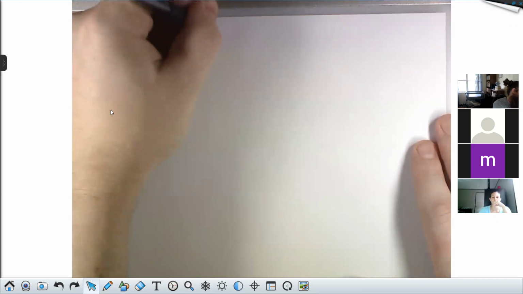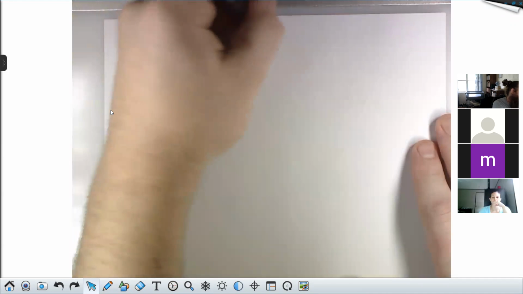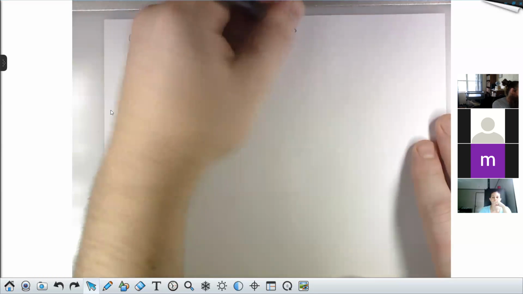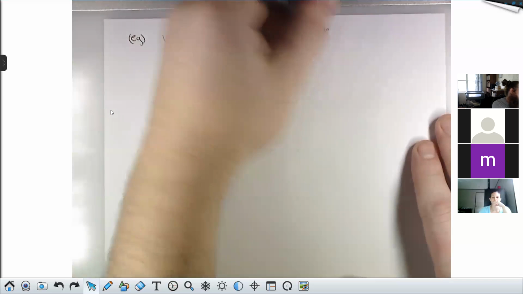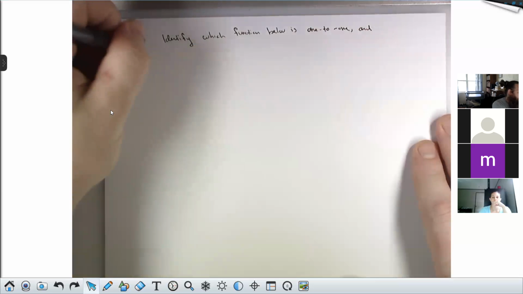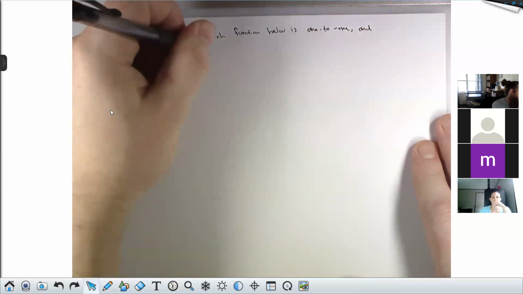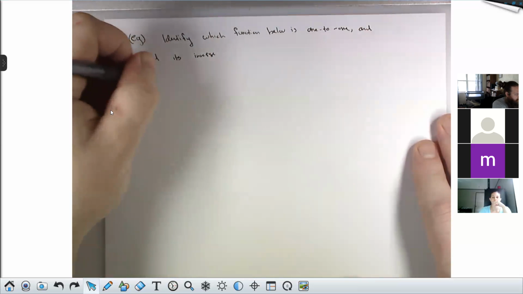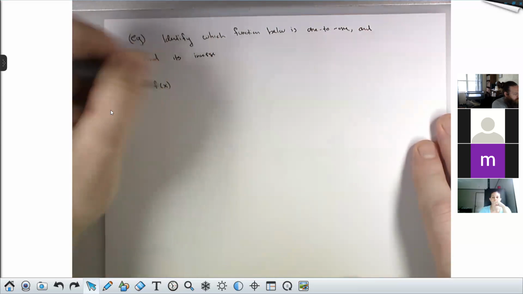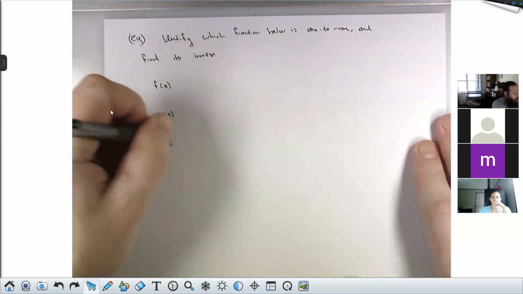Let's say: identify which function below is 1-to-1 and find its inverse. I'll give us 3 functions. We'll call them f, g, and h.